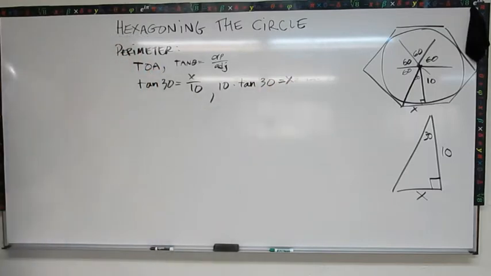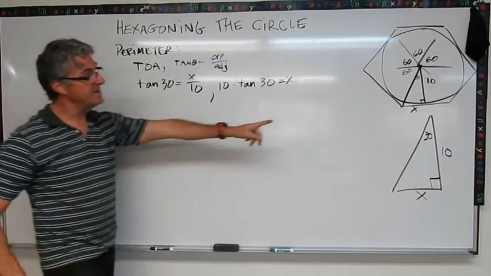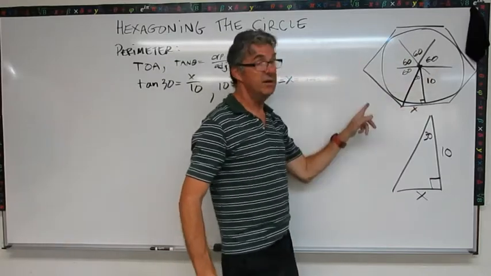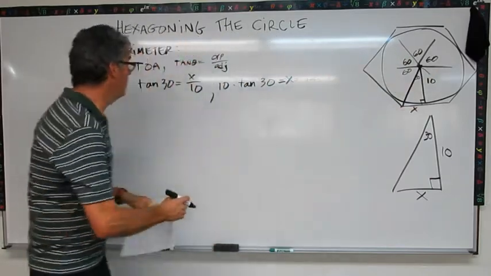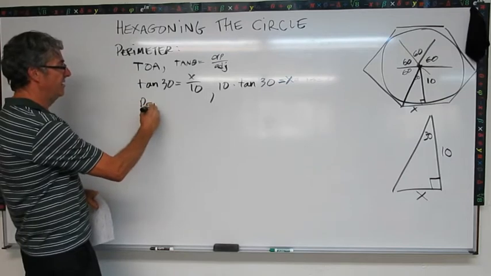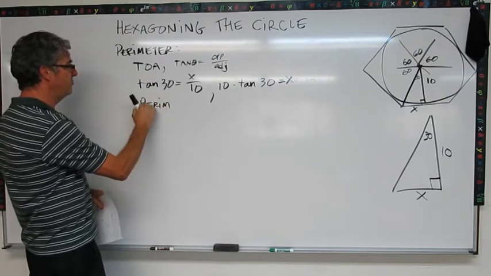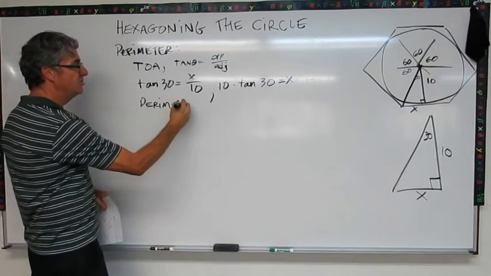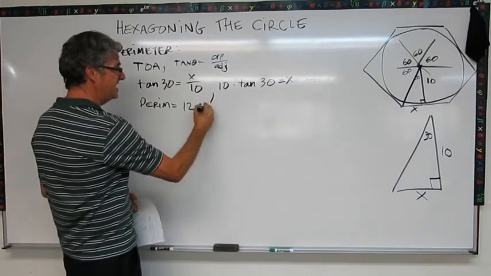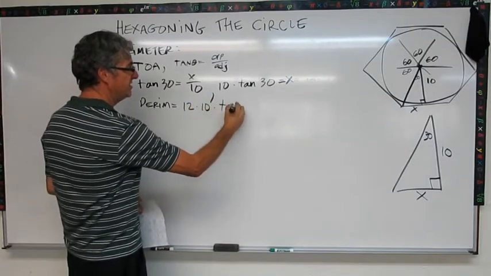Okay? Now before I start punching in some buttons on my calculator, let's take this one more step. Remember before we talked about how many of these x's are in the perimeter? There's 12 of them, so the perimeter, I'm going to abbreviate that, perim, is going to be 12 times 10 times the tangent of 30.